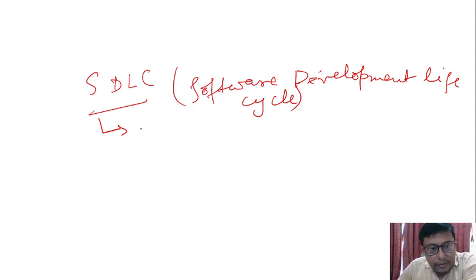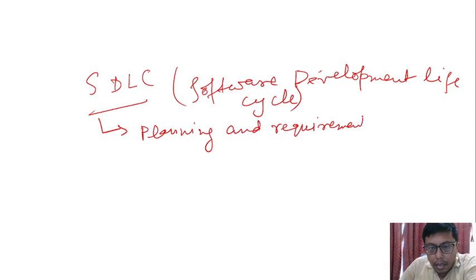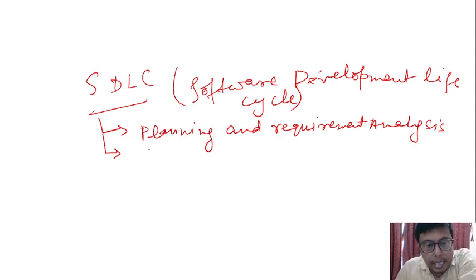So to start with, the first phase is planning and requirement analysis. I will discuss in brief each of these phases so that you can have an idea at which phase the algorithm can be written and at which phase the program can be written.